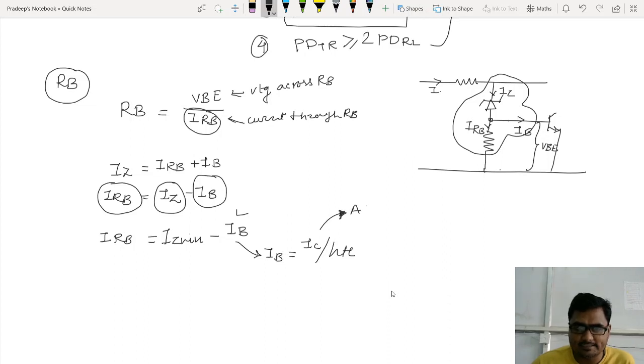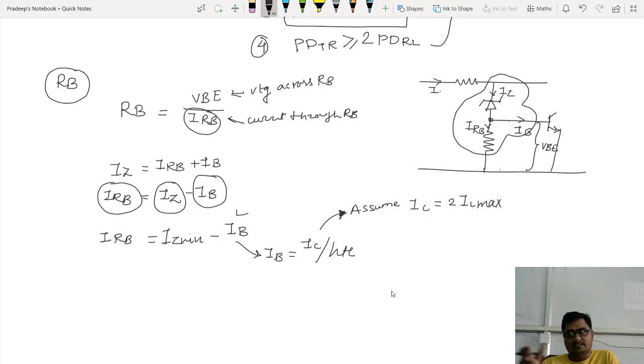They assume IC. How do they assume? What is the basis of the assumption? IC generally they assume as twice of IL, because see, the collector current should be large. How much should it be? It should be at least greater than IL. So that's why they go for the assumption of twice IL max.